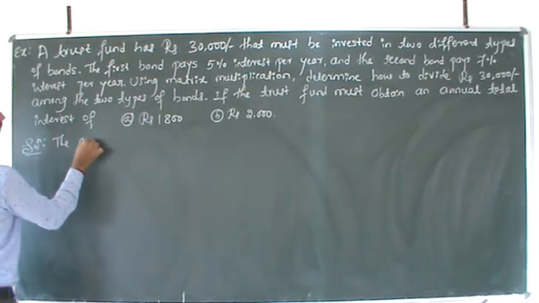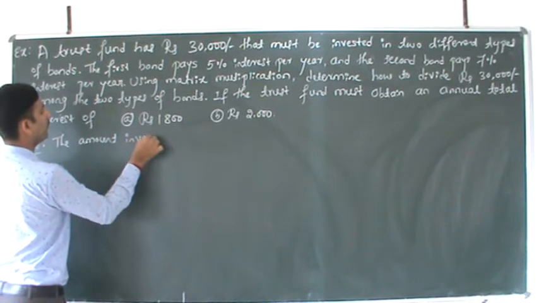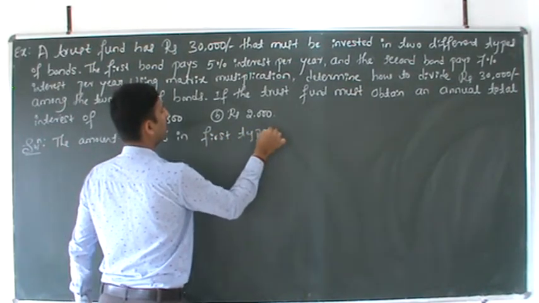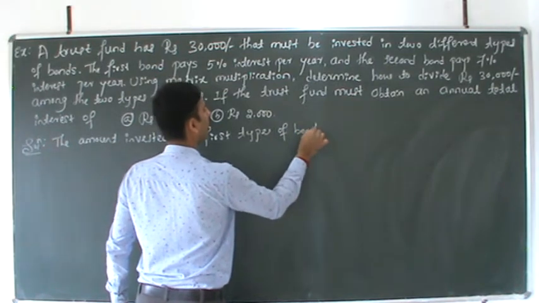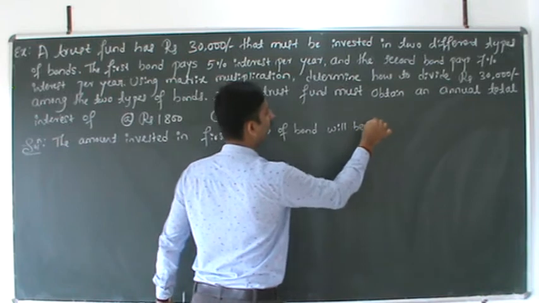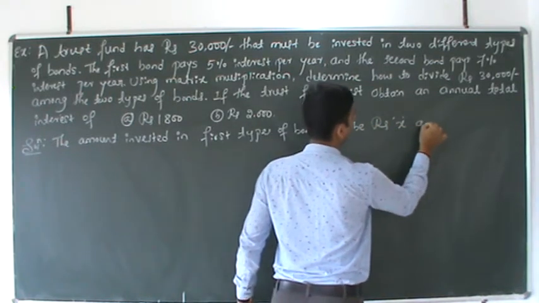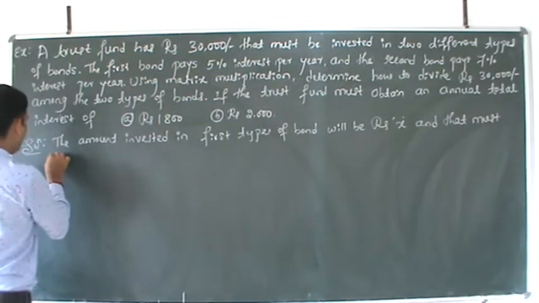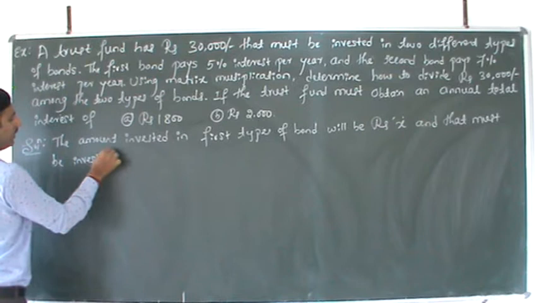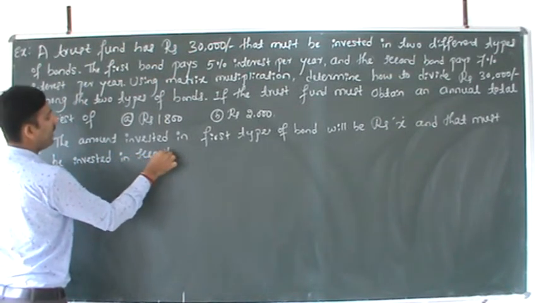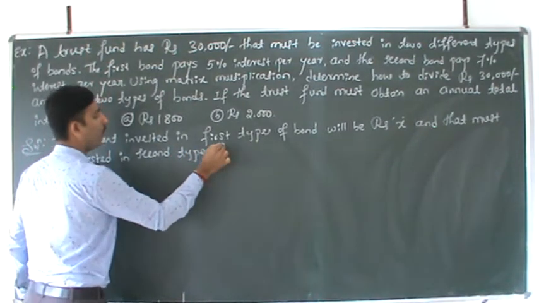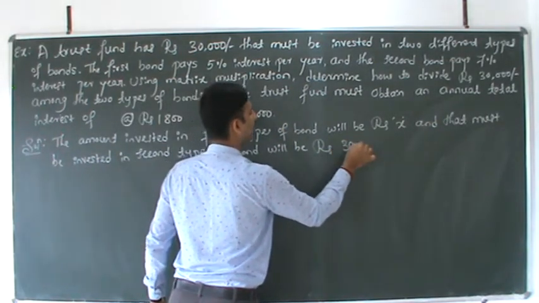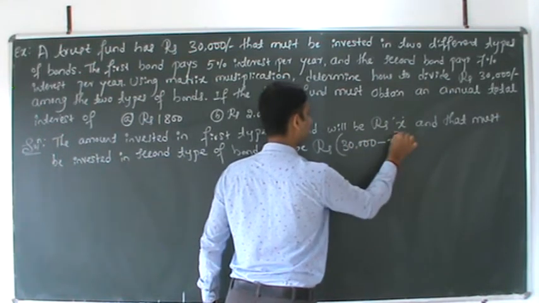The amount invested in first type of bond will be rupees X. And that must be invested in second type of bond will be rupees 30,000 minus X. Correct?